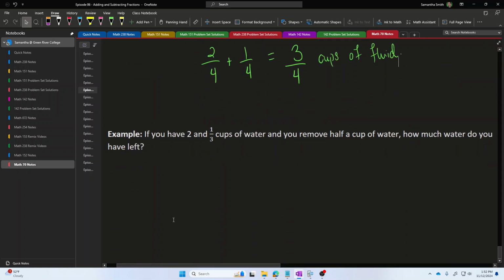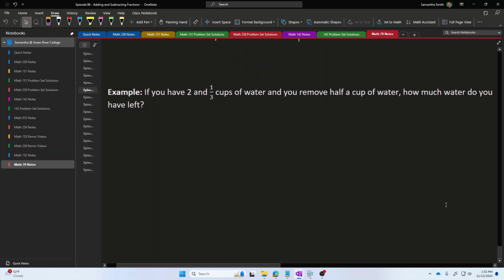Okay, now suppose that I am dealing with a situation where I have 2 and 1/3 cups of water. And I go into that and I remove 1/2 a cup of water. If I make that removal, how much water will I have left over after that is done? Now, 2 and 1/3.